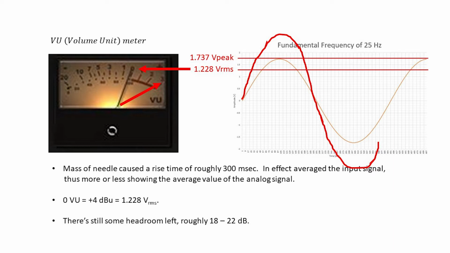It does add to the average signal, but it's more of the quicker part of the signal that the VU needle doesn't register. So just know that if you start to go above 18 to 22 dB of this headroom, and you start getting into bigger transients, or you start pushing your signal, you will start to get into analog distortion, and that's a whole other video talking about harmonic distortions, and we can get into that.